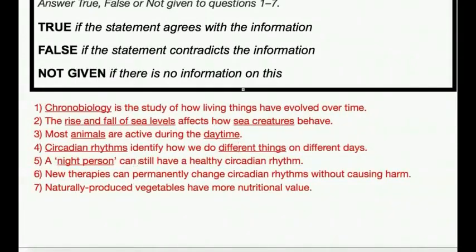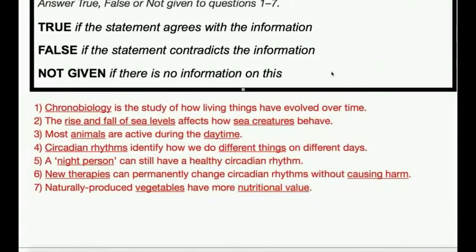And statement 6, new therapies can permanently change circadian rhythms without causing harm. So for this one we could look for new therapies. We could maybe look for causing harm as well. Statement number 7, naturally produced vegetables have more nutritional value. So something about vegetables. Maybe we need to look for nutritional value as well.